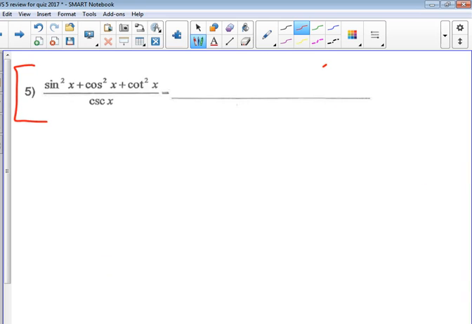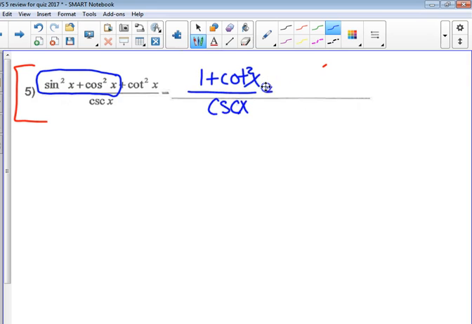What about this one? Okay. Sine squared plus cosine squared is 1, so then I have 1 plus cotangent squared over cosecant. 1 plus cotangent squared is exactly on your sheet, right?